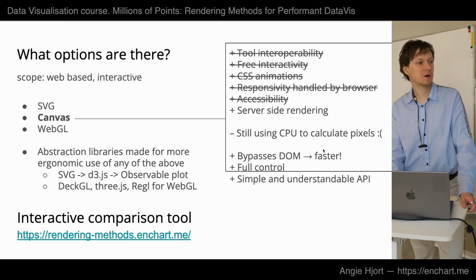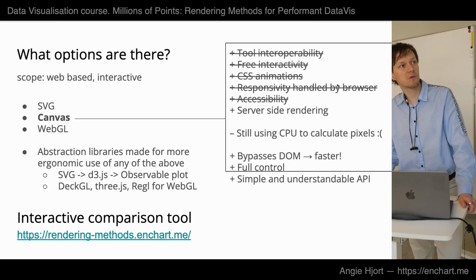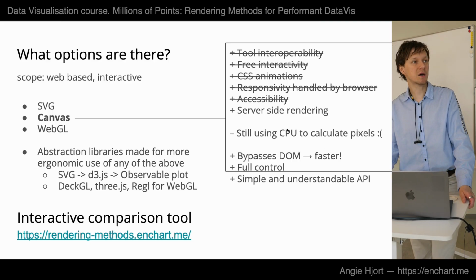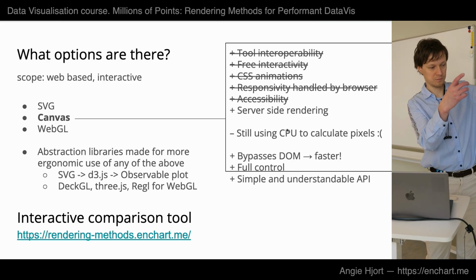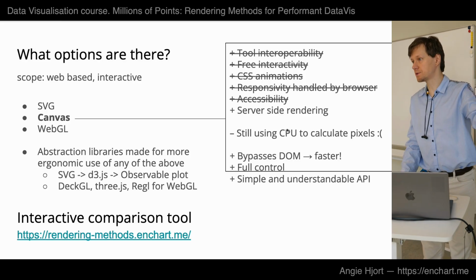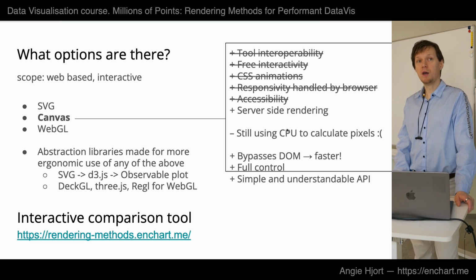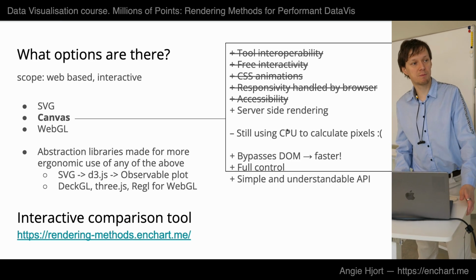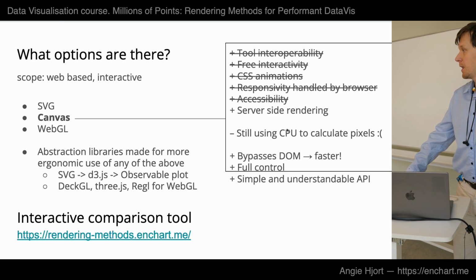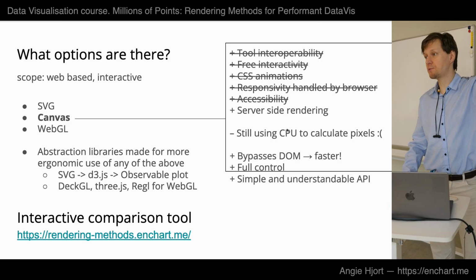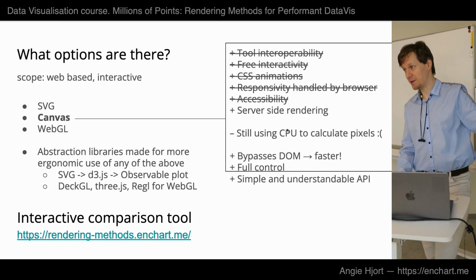Next one is Canvas. So with Canvas, what is a canvas? A canvas is basically a block of pixels. Yeah, it's a rectangle of pixels there. What it does is essentially it bypasses the document object model, and because of that you don't have to keep track of your things on the page.